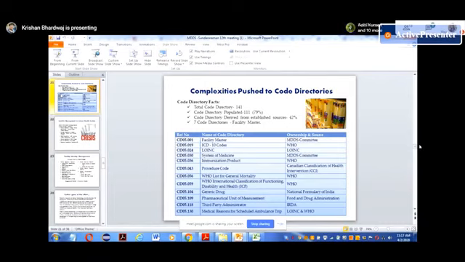Later on, a master data management solution can be built, hosted on a database, and some notification mechanism can evolve so that different parties come to know whenever there are changes in the code directories, and they can download the delta part of that. That is the future. But right now, the simplest thing is I need to have one place where I can go and get all the masters. Right now, it is not there.